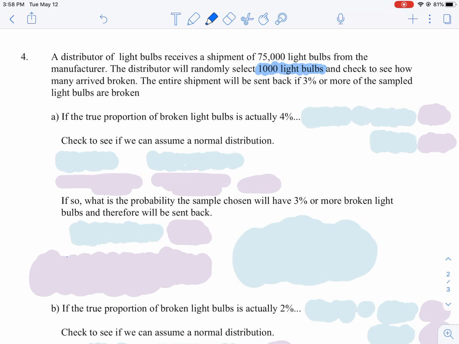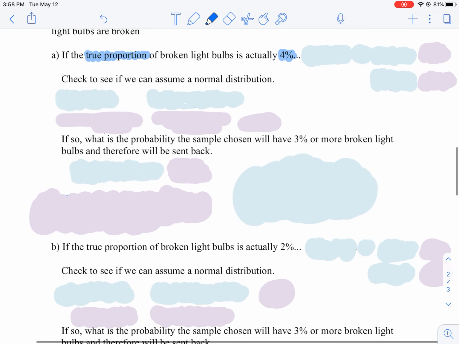We're going to say, okay, what's the probability he's going to have to send his shipment back if the true proportion of broken light bulbs is 4%? True proportion is 4%. So it's kind of different with this, and I'll get into that in a second. But then we're going to look at the difference between that and what if the true proportion of broken light bulbs is actually 2%. So in this case, we're kind of changing what we are varying here.